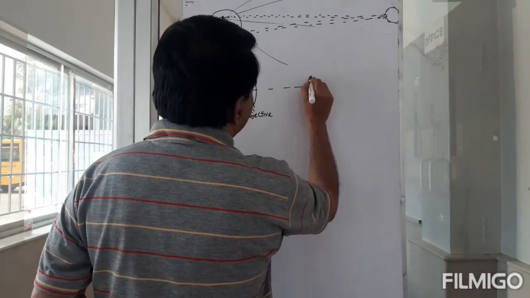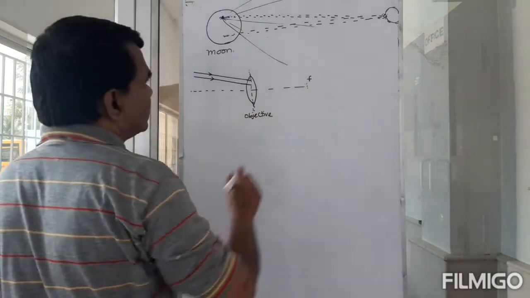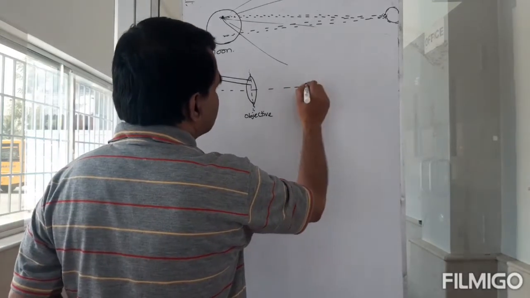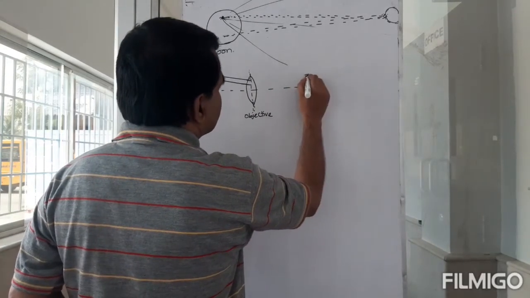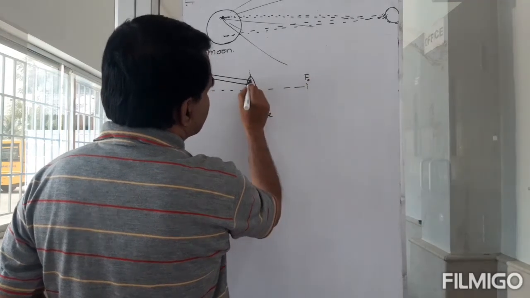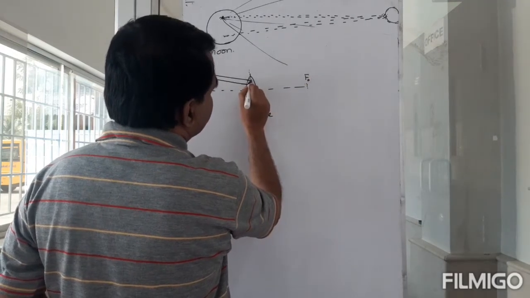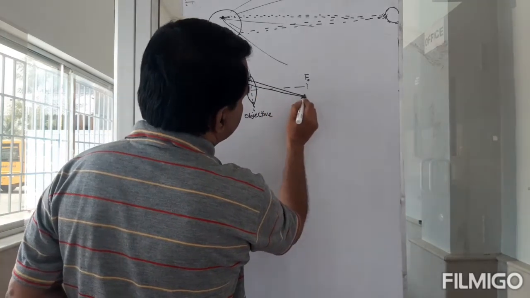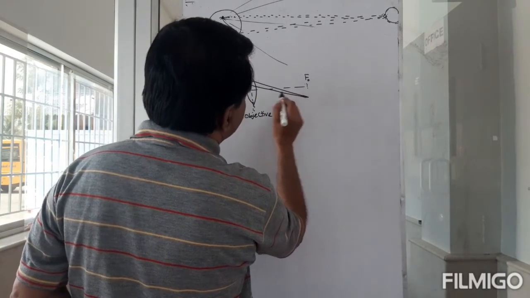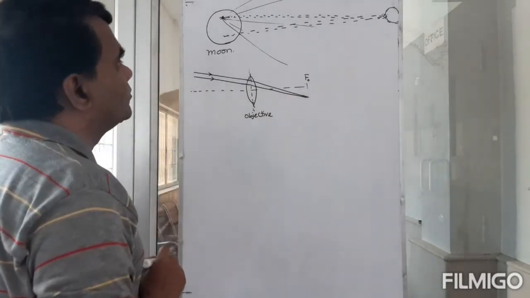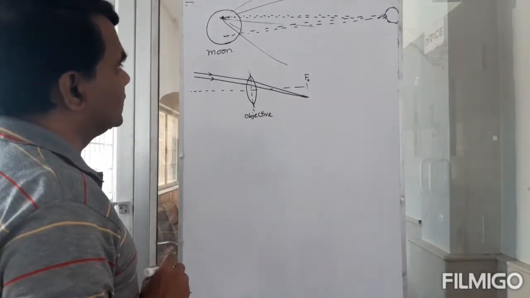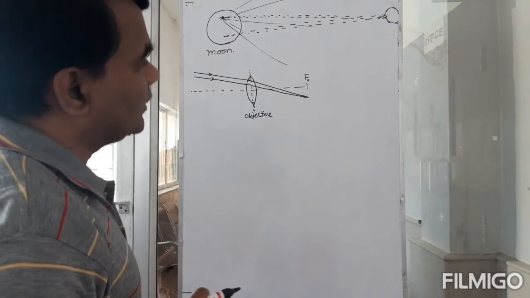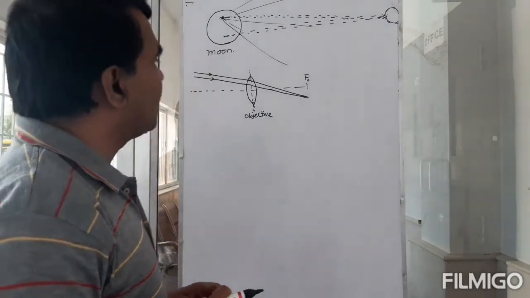Let's say this is F, F of the objective. So let's say it's going to go like that. Okay, so I want you to understand this.